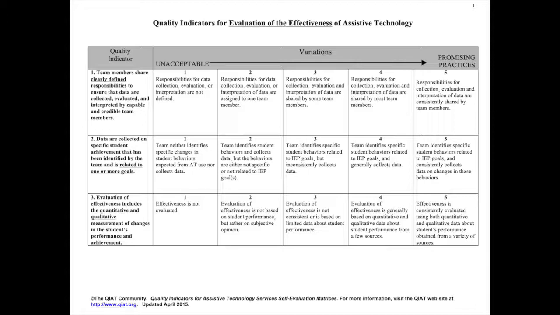How do we think that happens? This goes back to our idea of our team, right? And so this idea, we have responsibilities. Who's in charge, not in charge, who's part of the team to ensure data is collected? Who talks about the evaluation of that data? The evaluation and the interpretation of the data might be certain members of the team. The collection might be other members of your team.